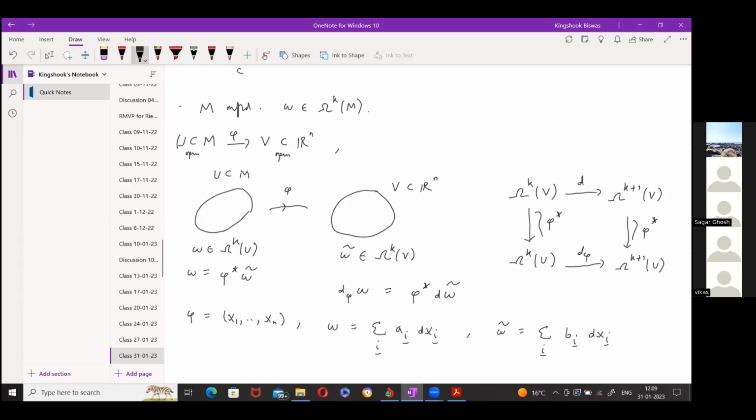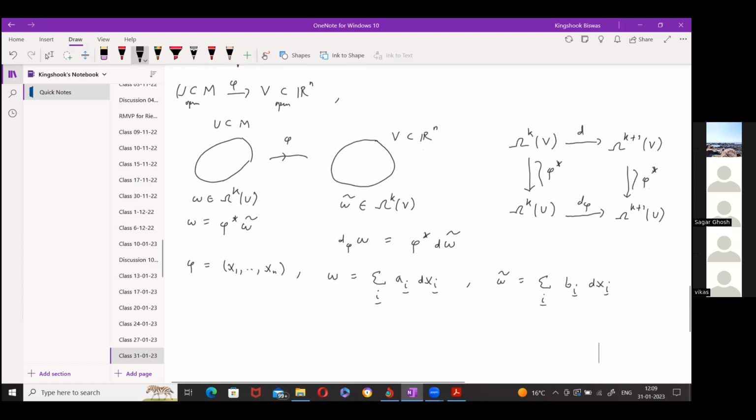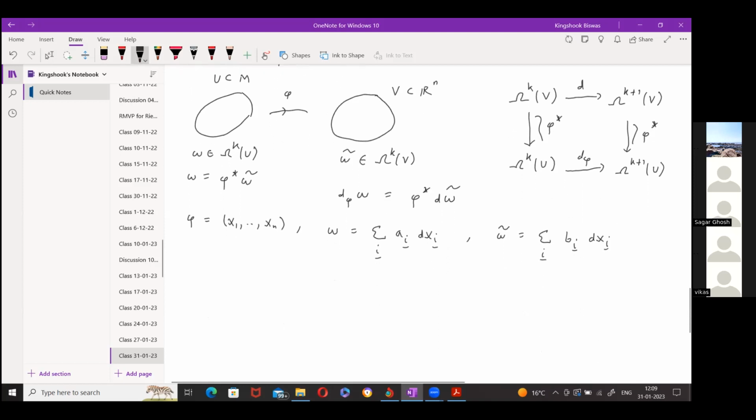So be careful about the notation here. Here the dxi's are the components of phi, so these are functions on the manifold, whereas these dxi's are the coordinate functions on Rn. So these dxi's mean two different things over here and here. All right.